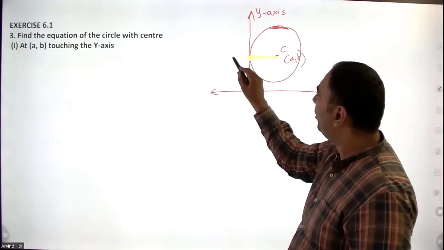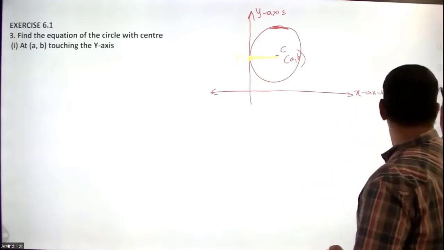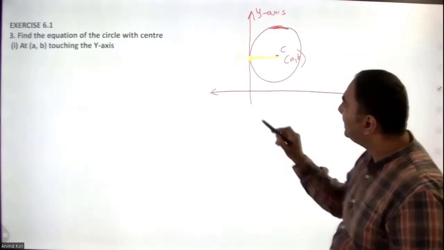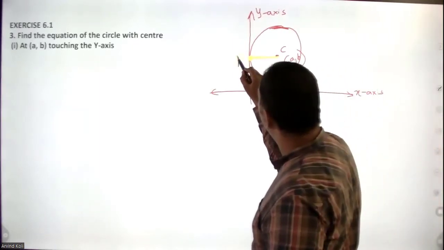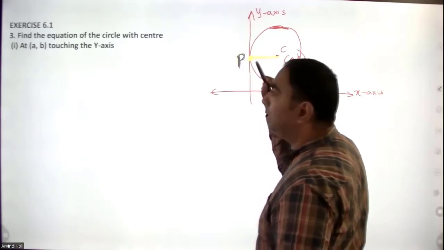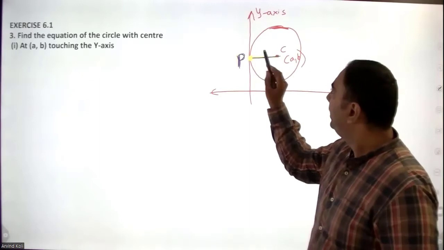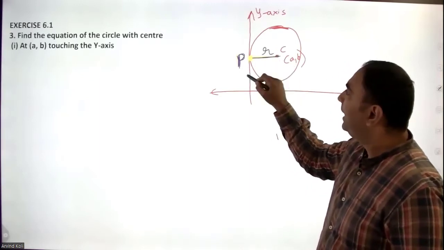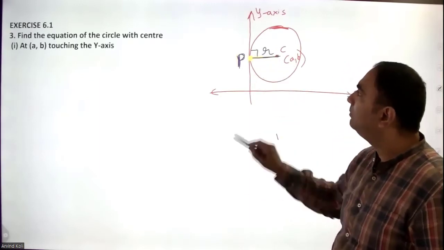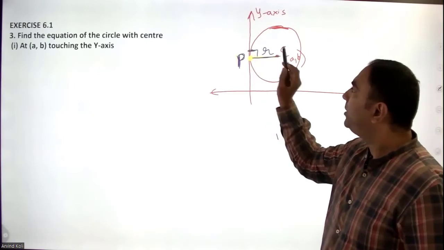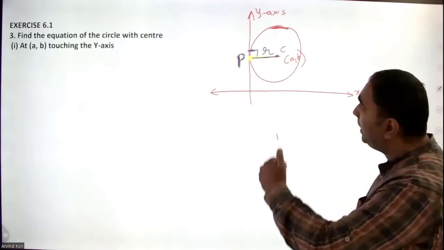Let's call this point as point P. I hope it is visible now. ये है वो radius हमारा. This radius will be perpendicular to the tangent at y-axis at point P.